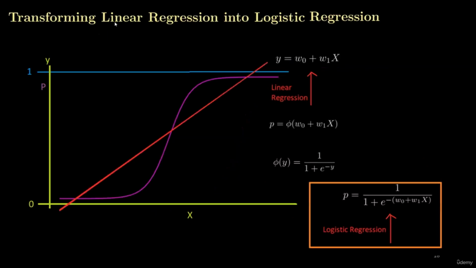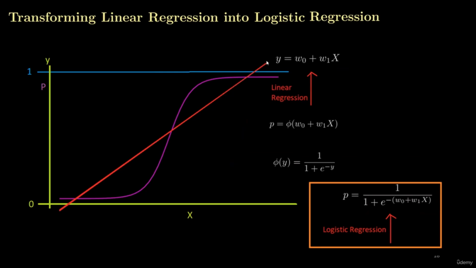So here we are going to perform the transformation of linear regression into logistic regression. Now, this is my standard linear regression equation, which represents this straight line in red color.